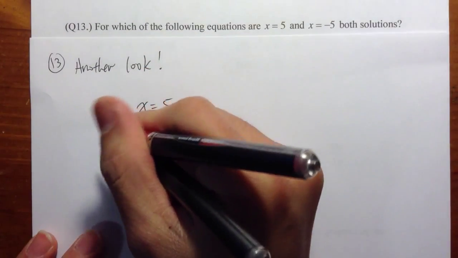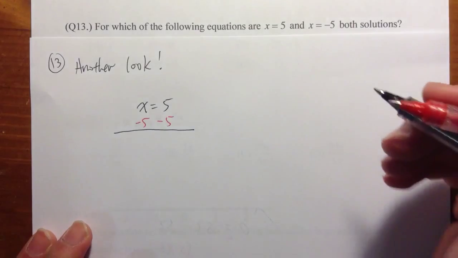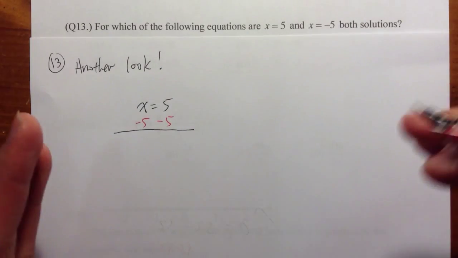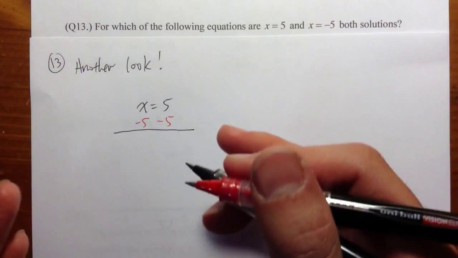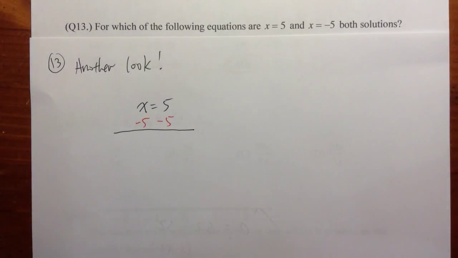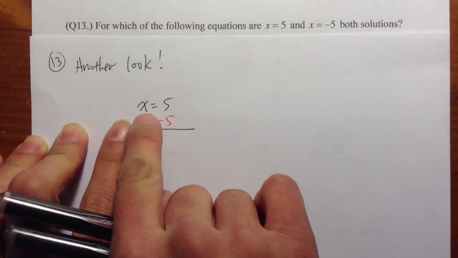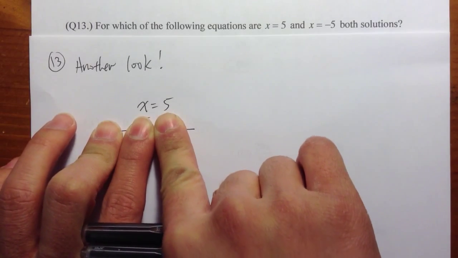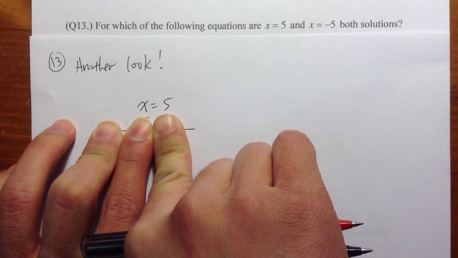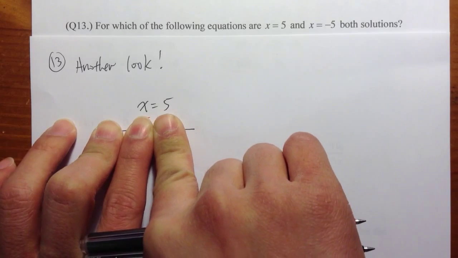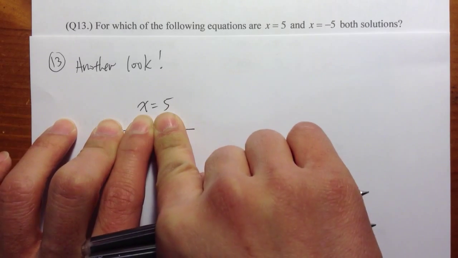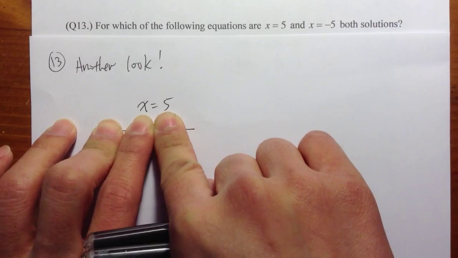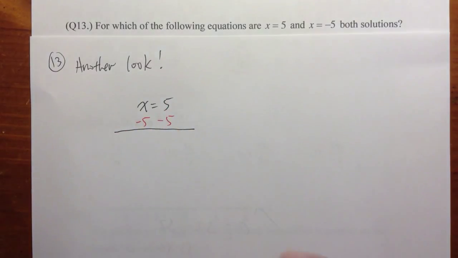It's kind of like going backwards when we are solving equations, because you already have the x isolated. But the idea is that if you want to construct an equation, you don't want to isolate the x anymore. You want to make sure x has friends. So I'll subtract 5 on both sides.